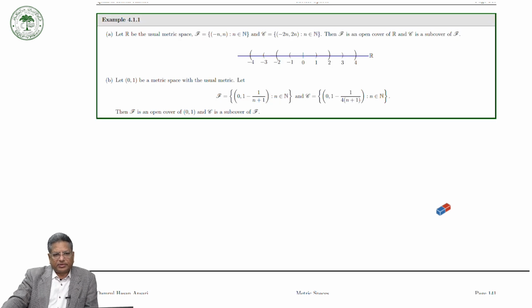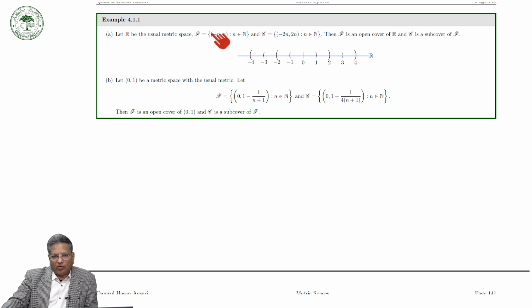Now let us take some examples. Let X equal R be the usual metric space, the set of all real numbers. Consider the family of open intervals of the form -n to n: -1 to 1, -2 to 2, -3 to 3, and so on.